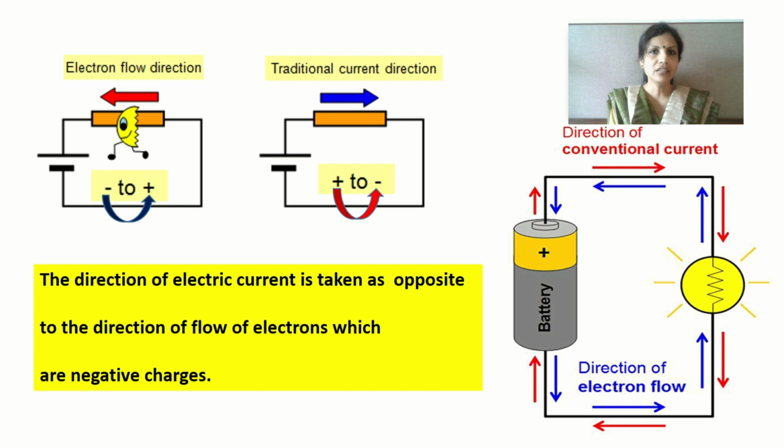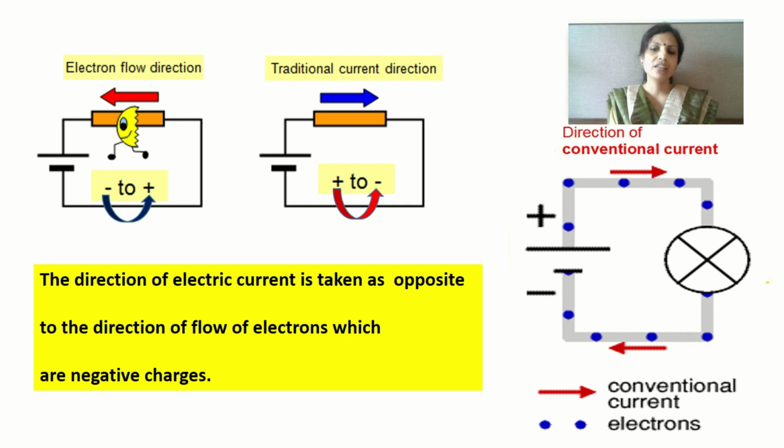Keep one thing in mind children: when we draw an electrical circuit, for the direction of electric current you will always show the conventional flow of electric current, that is from the positive to the negative terminal of the battery. So this particular picture will give you a clearer idea.